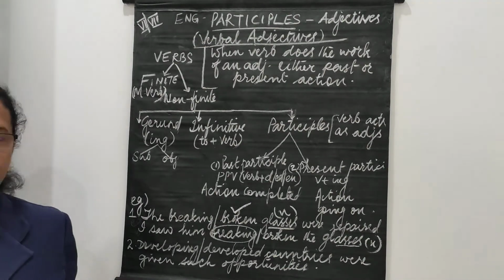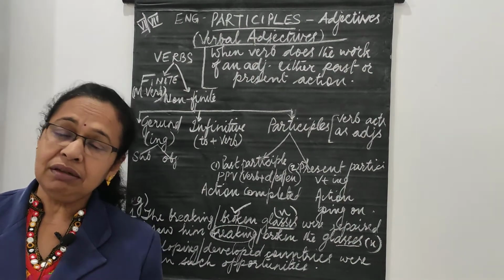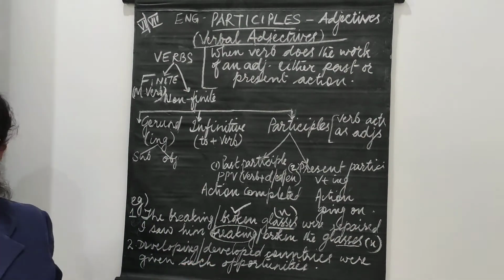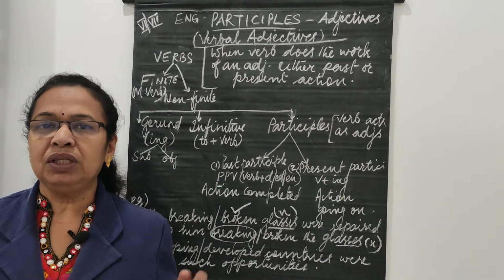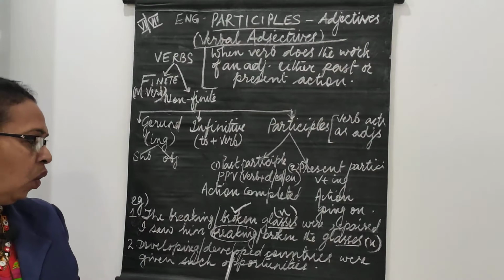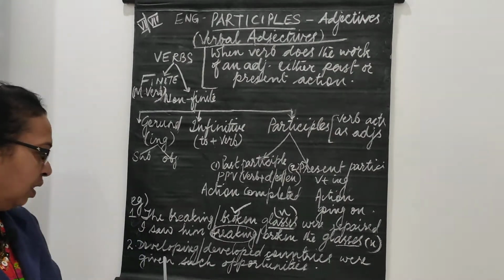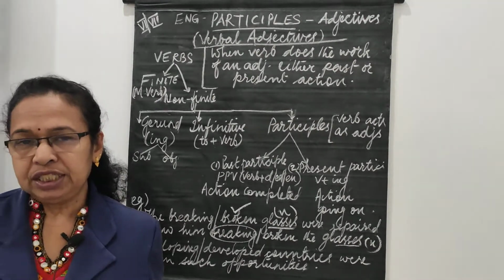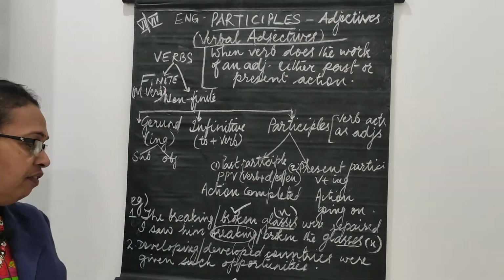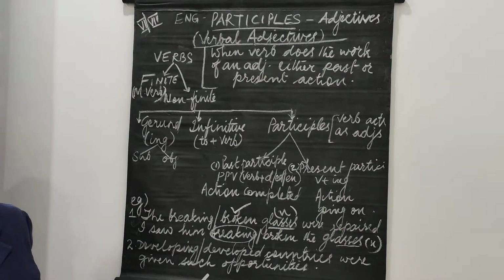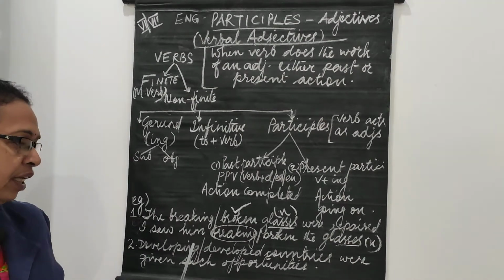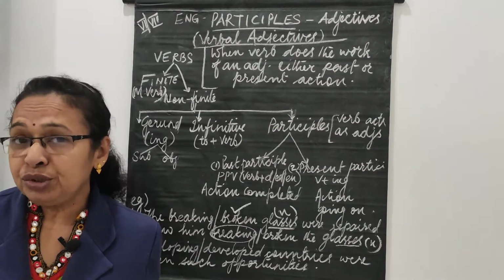Look at the second example where you can use either the past participle or the present participle in a sentence. Both are correct, but it depends upon the context of the sentence. Developing or developed countries were given such opportunities. If the action is incomplete, then developing countries were given the opportunity.